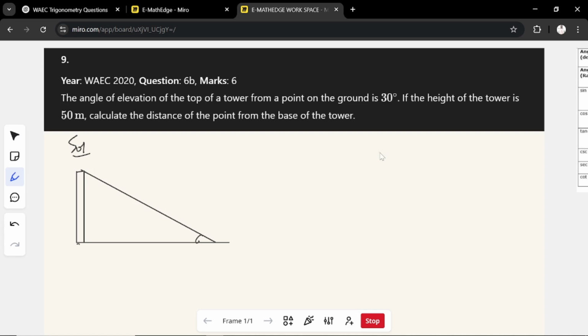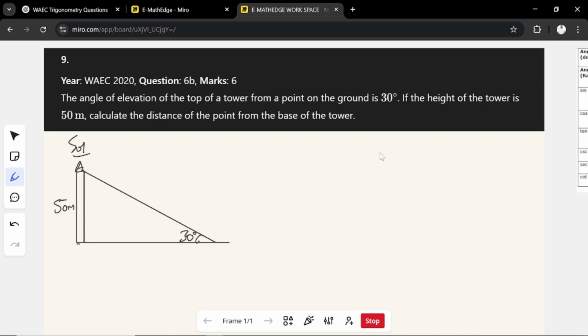This angle at this point makes 30 degrees, right? From this point down to this point is the tower, right? So if we have the height of the tower to be 50 meters, that is to say this line is 50 meters, 50 m.